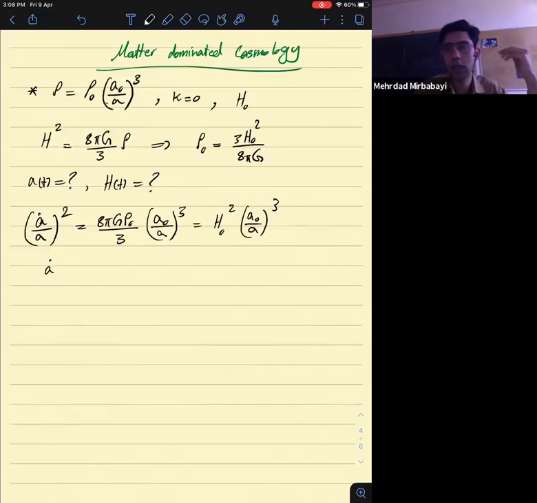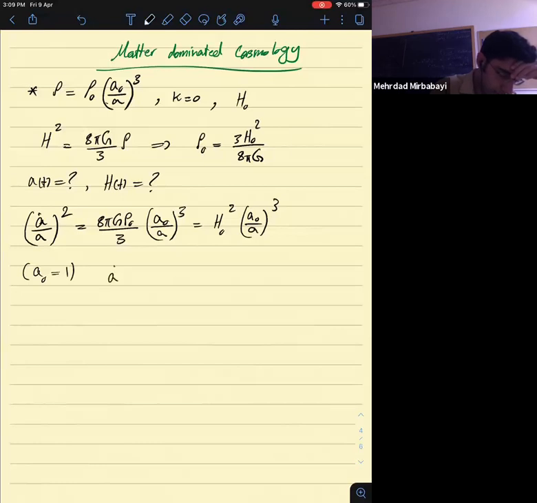Since we are in flat cosmology, there is no spatial curvature, so there is no k to worry about. We can freely rescale the co-moving coordinates, not worrying about k becoming different from 1 or minus 1. So I set a naught equal to 1.